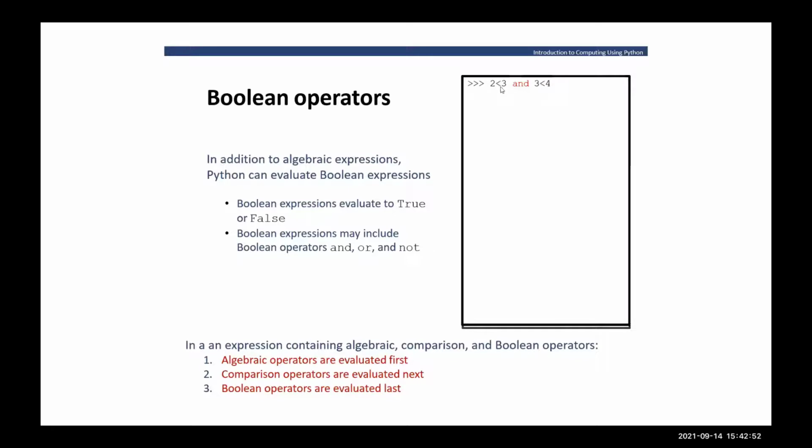So 2 less than 3, is it true? Yes. 3 less than 4, is it true? Yes. True and true, what will give you? True. Okay, so now this is true, false, and this is true. What will be the answer? False. Okay.